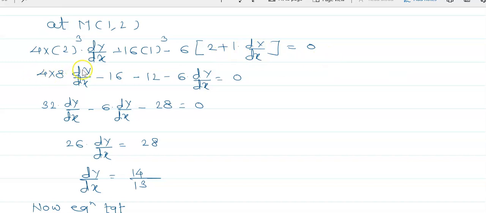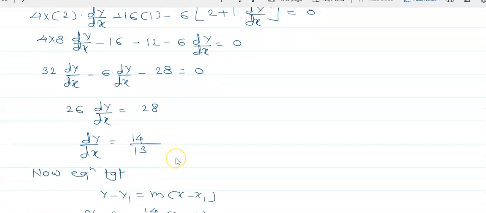That is 4 into 8 into dy by dx minus 16 minus 12 minus 6 into dy by dx is equal to 0. Collect the terms of dy by dx and the numbers: 32 dy by dx minus 6 dy by dx minus 28 is equal to 0. Therefore, 26 dy by dx is equal to 28. Therefore, dy by dx is equal to 14 upon 13.